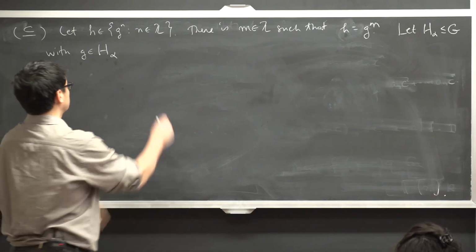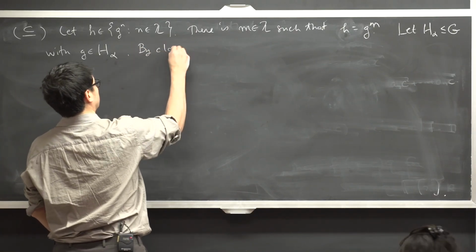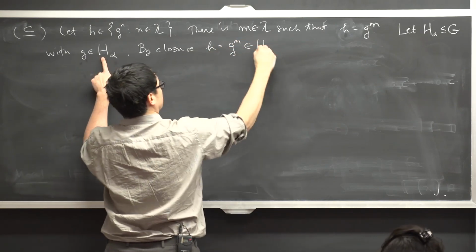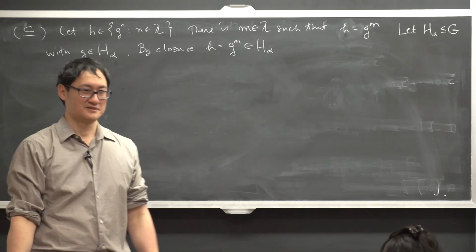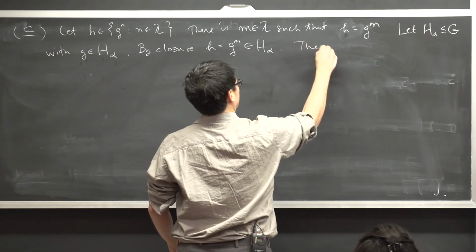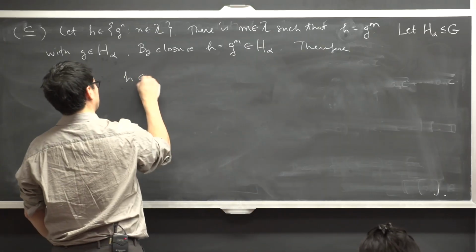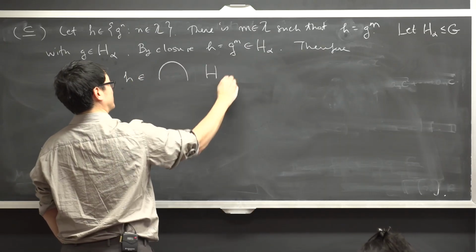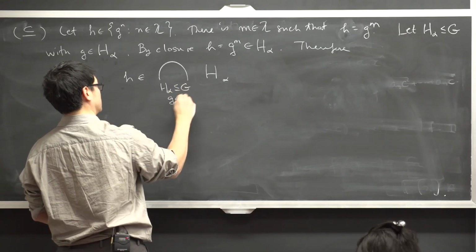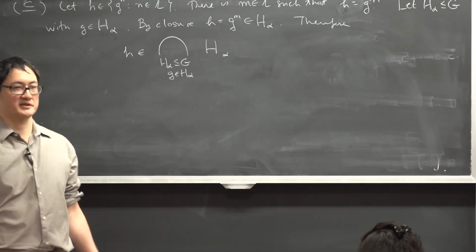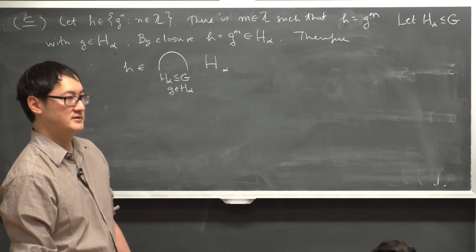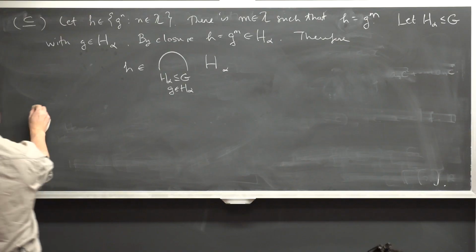So by closure of the operation, H equals G to the m has to lie in here. Lauren, is that okay? So what have I just proved? Therefore, H belongs to the intersection of all possible H alphas, where H alpha lies in G and G lies in H alpha. That's completely difficult to look at, but trivial. Everybody okay? All right, let's go this way.